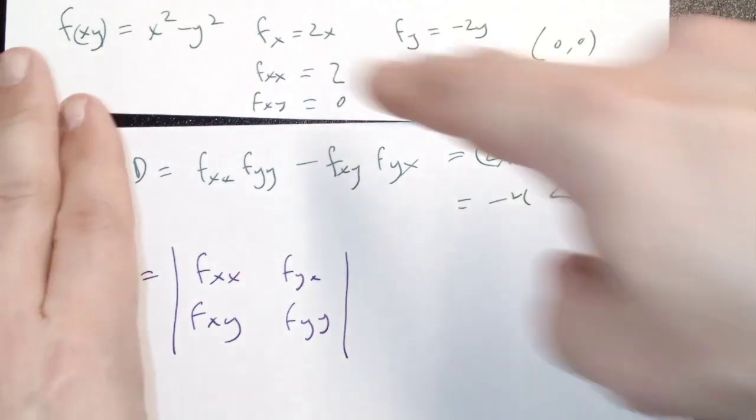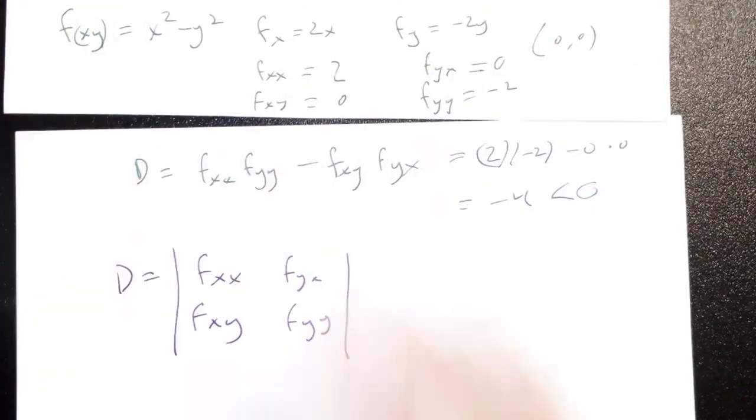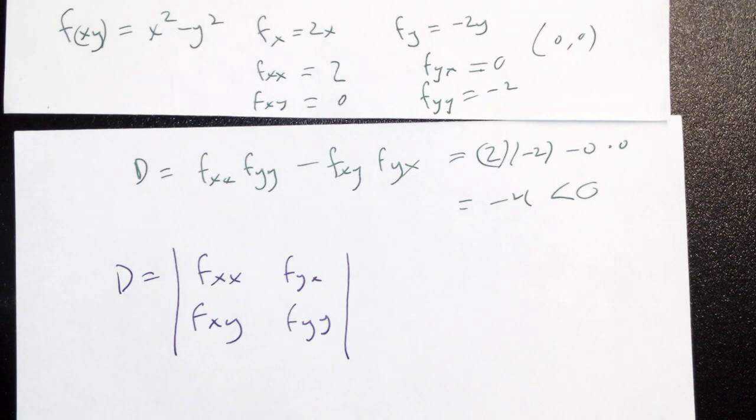So I could see 2 times -2, 0 times 0. Please note, we really don't need both of the mixed derivatives. Why? We really only need one, fyx or fxy. Whatever that guy's name is, they're the same, right? Clairaut's theorem tells me those are always the same.